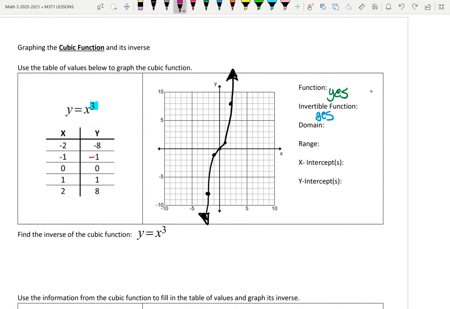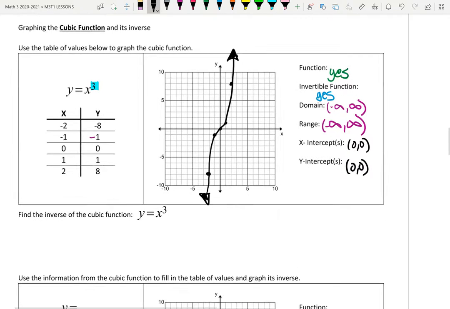This means that my domain is going to be -infinity to +infinity. My range, going from bottom to top, is going to be the same because all numbers work. My x-intercept is going to be 0, 0. My y-intercept is 0, 0.